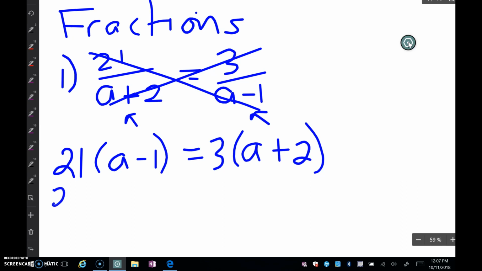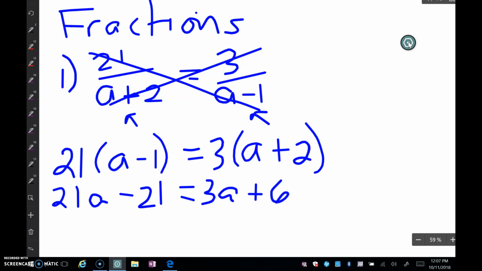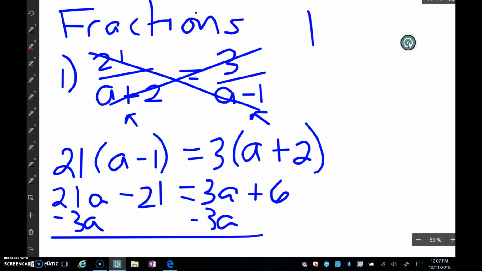So to continue, we just distribute the 21. So 21a minus 21 equals 3a plus 6. We get our a's together, so I'm going to choose to bring over the 3a to the left side. That gives me 18a minus 21 equals 6.